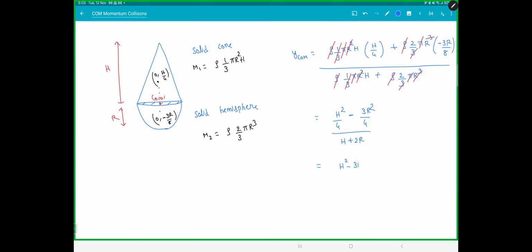So we get h square minus 3r square by 4 into h plus 2r. Check your workings. In all of them, rho is common, 1 by 3 is common, pi r square is common.